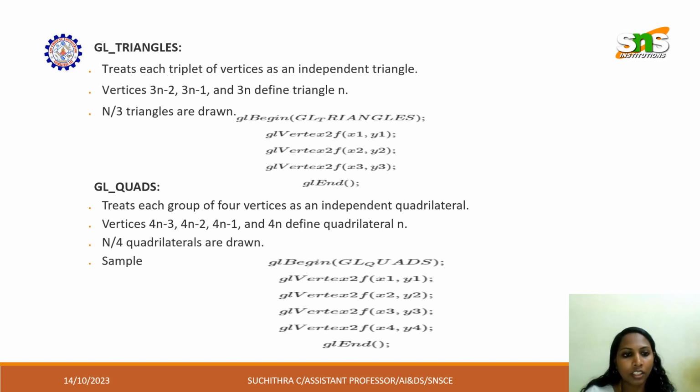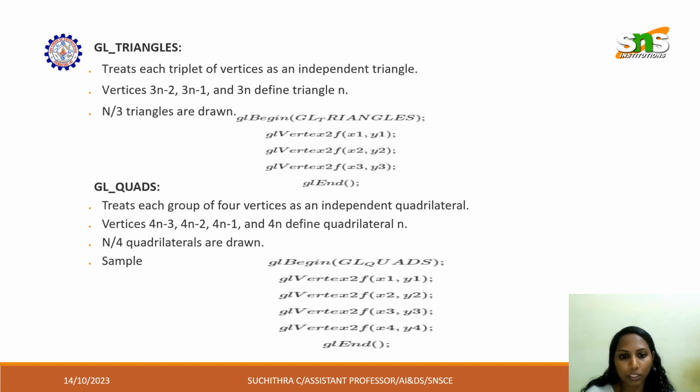Next one, quadrilateral: GL_QUADS. Treat each group of 4 vertices as an independent quadrilateral. Here we are giving the 4 vertices: 4n-3, 4n-2, 4n-1 and 4n.